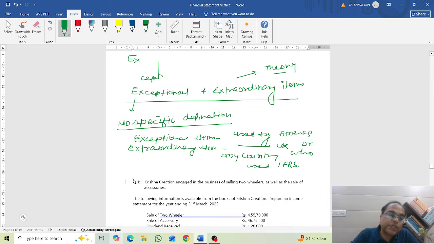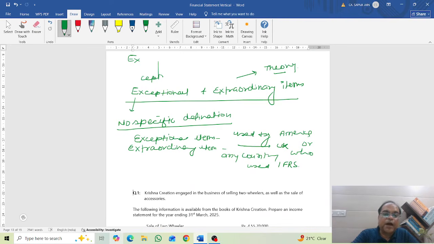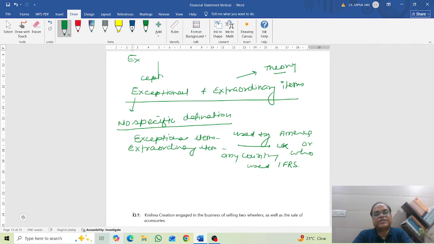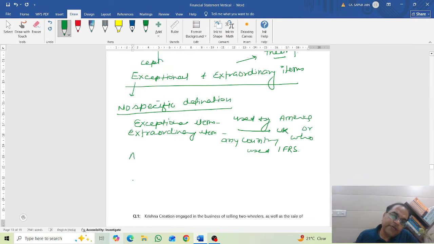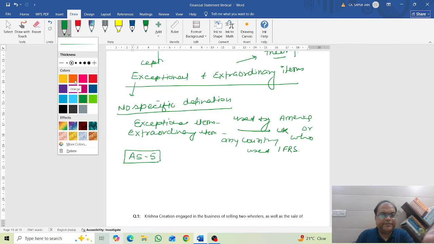So now the question is, how to identify that such item is an extraordinary item? In India, there is accounting standard 5, and accounting standard 5 specifies the extraordinary or exceptional items.